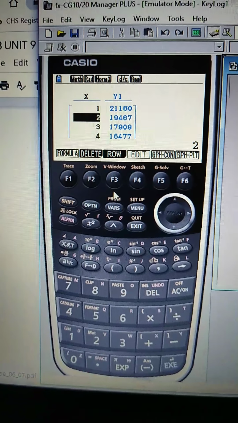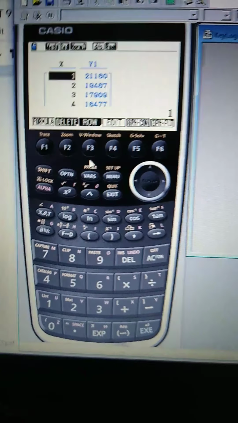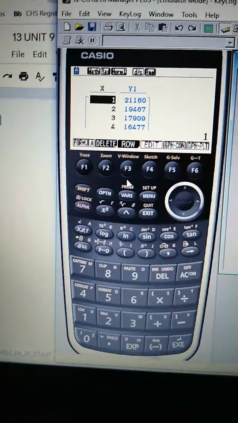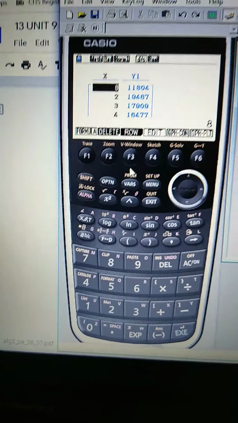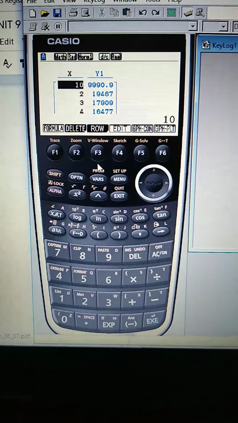And we're going to run through and see if we can find out where it's worth $10,000. Now you can see in year 4, we're at $16,000. So let's go to like 8. We're getting closer to 10. We're at 11,000. 9, getting closer. 10, we're just about there. So approximately 10 years is the answer.